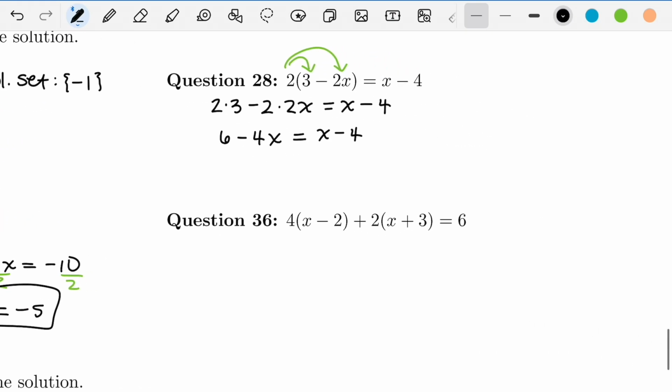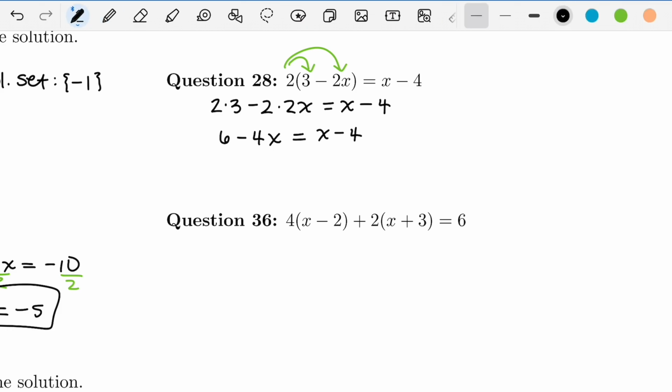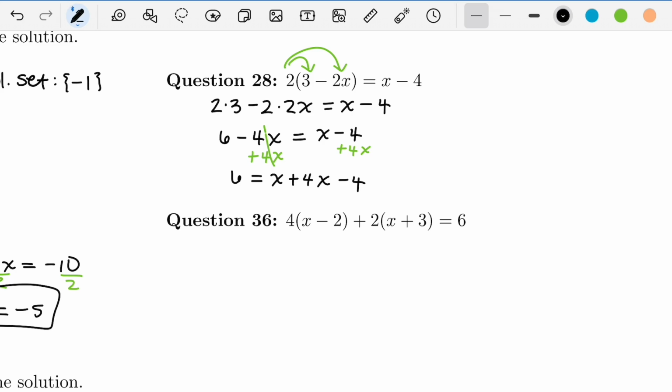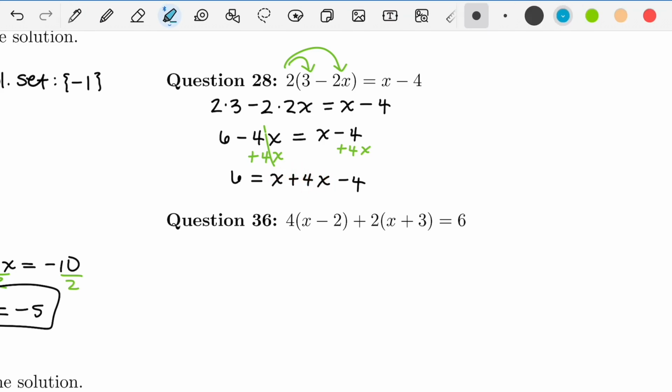We're just going to combine like terms, and we're going to do so by moving the terms to the same sides of our equation. So I'm going to add 4 to both sides of our equation here. This cancels, and I'm just left with 6 on the left-hand side. Now on the right side here, I'm going to combine like terms. I have this x plus this 4x, so we'll combine these.